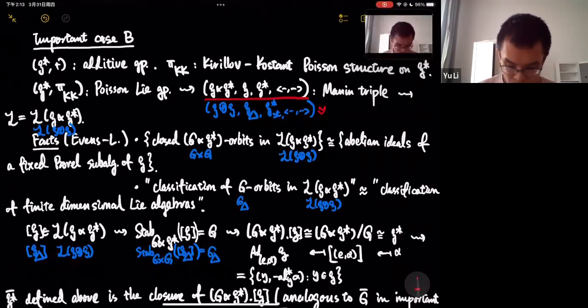Then we also have the variety L of Lagrangian subalgebras.